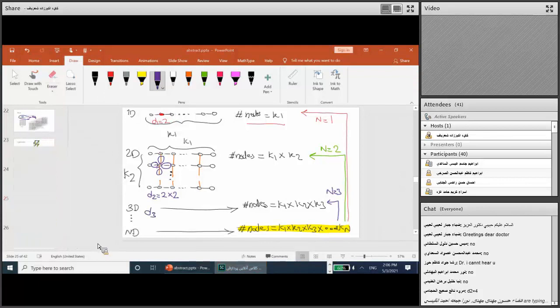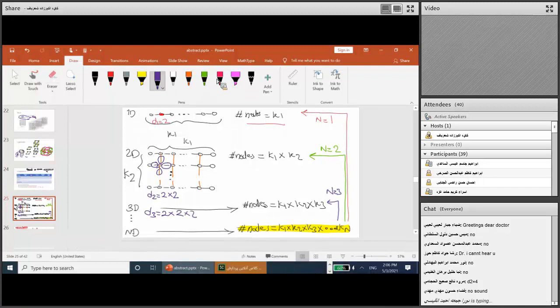In 3D, 2 multiplied by 2 multiplied by 2. Why? Because we have 2 additional links along the z axis.